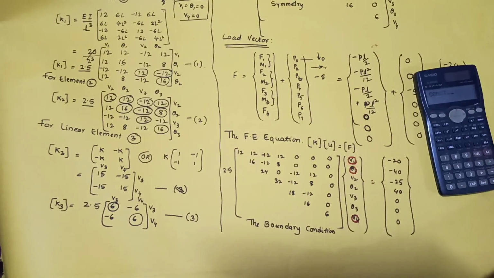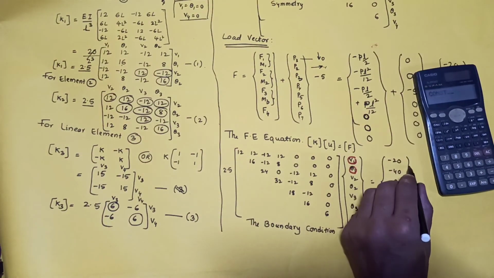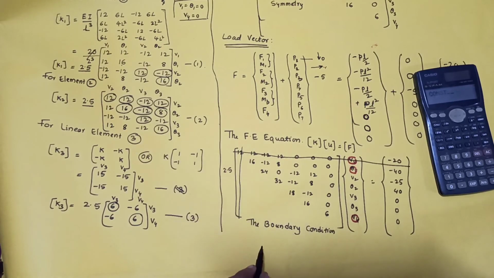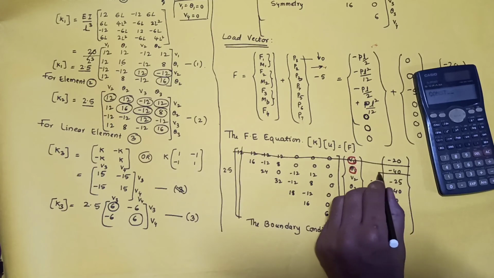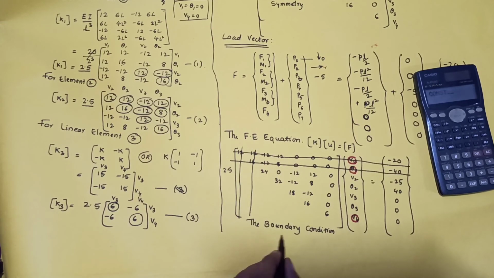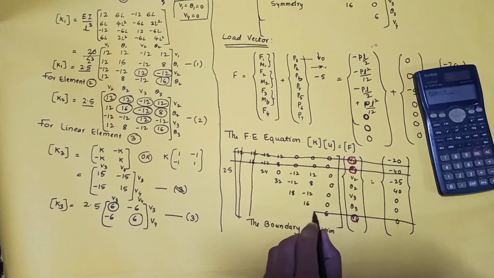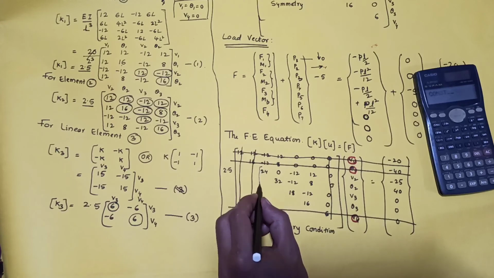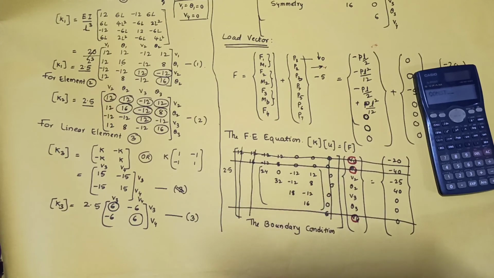So now using the elimination method, the first row and the first column will get eliminated, and the second row and the second column also will get eliminated. Then finally the fourth row and fourth column will be eliminated. So this is the remaining matrix which will be pending.